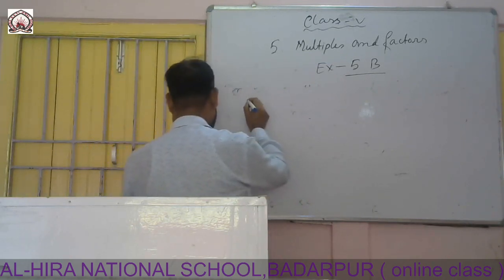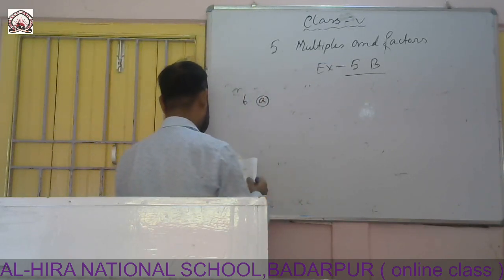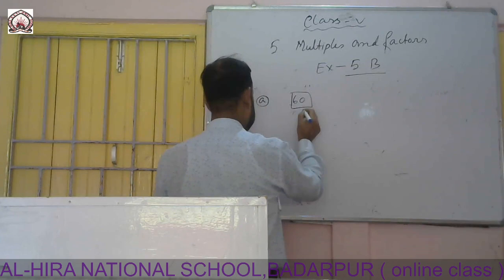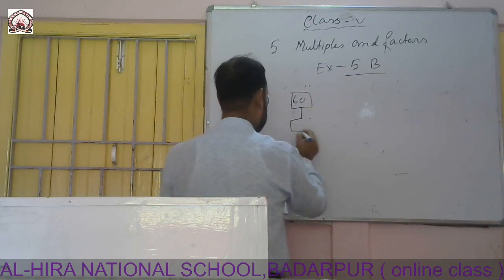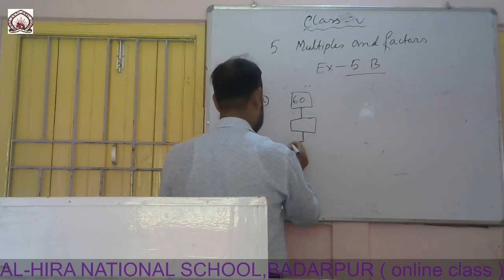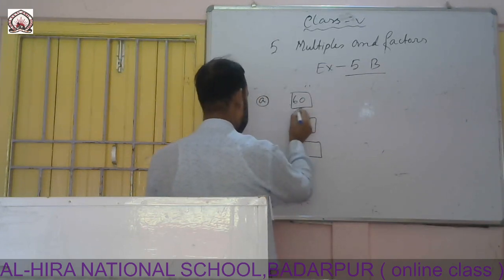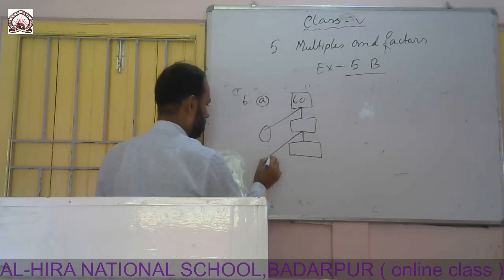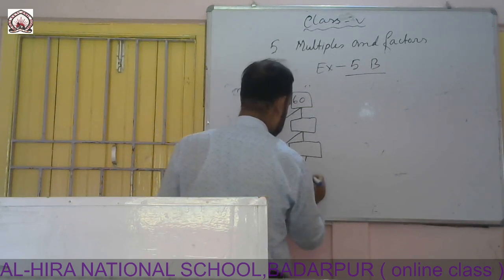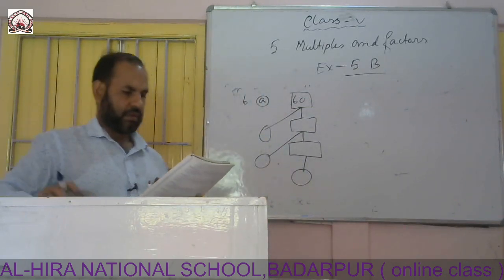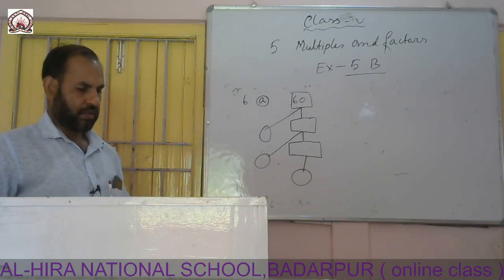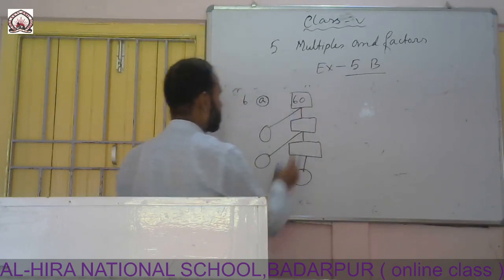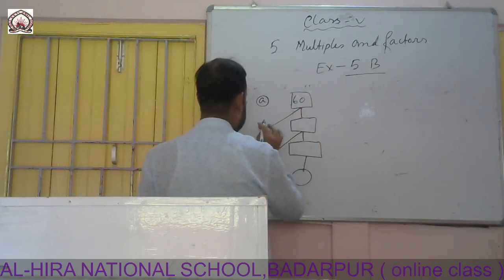Question number A, 60. There is a box, then a circle, and we write prime factors in the circle.